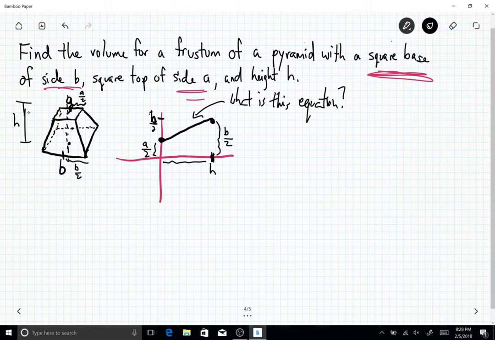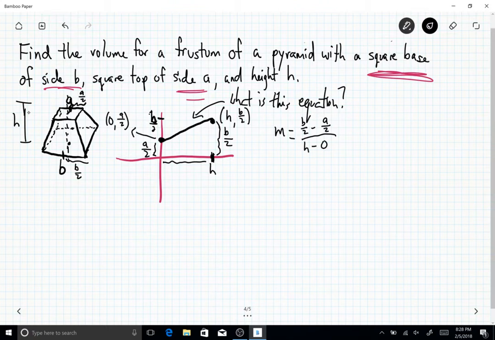Okay, so notice the coordinates of that point right there would be 0, comma a over 2. And the coordinates for this point would be h, comma b over 2. So when we get this equation, we need the slope. Well, the slope of this, because it's just a straight line, we take b over 2 minus a over 2, and we take that over h minus 0.